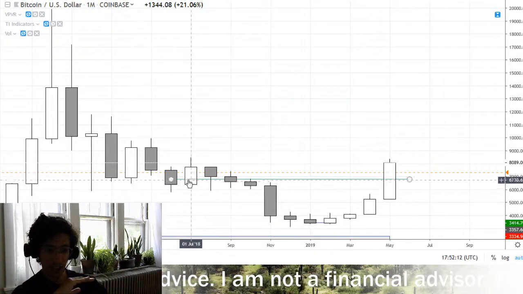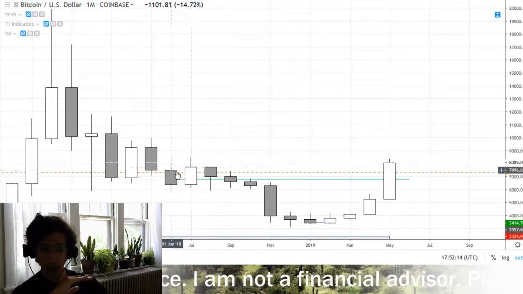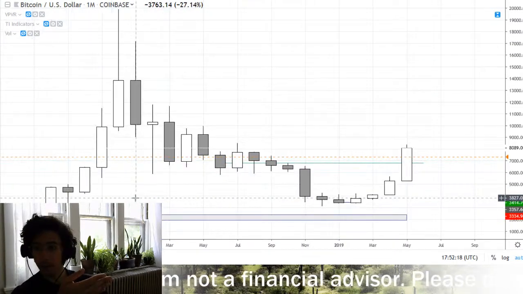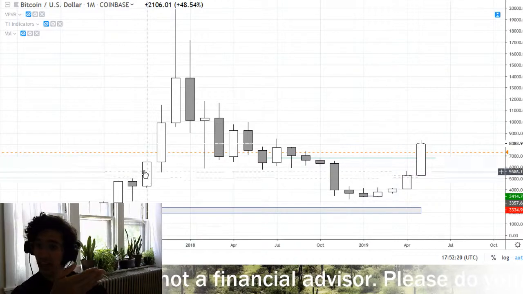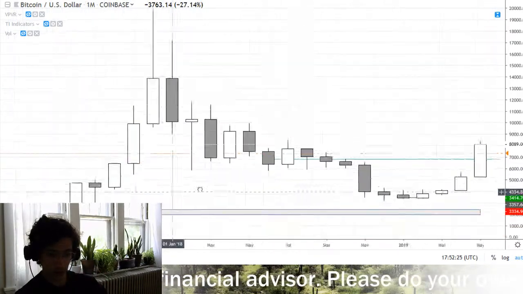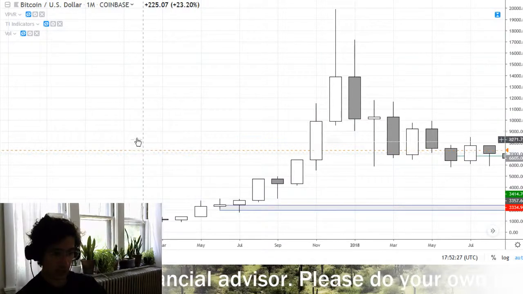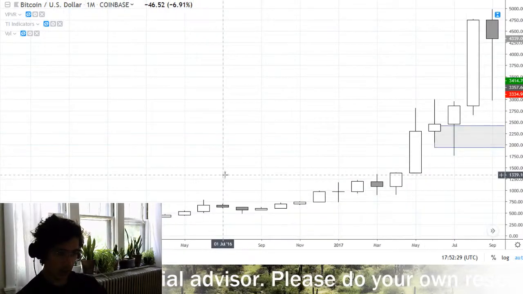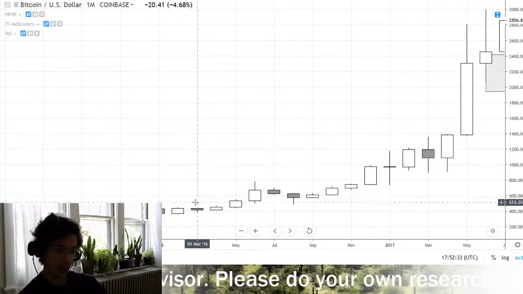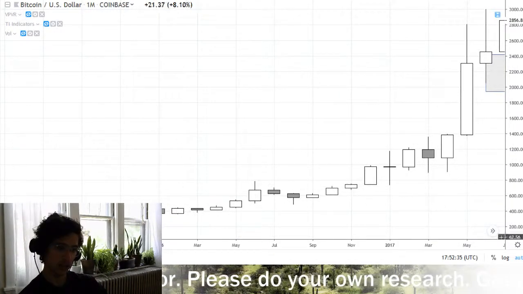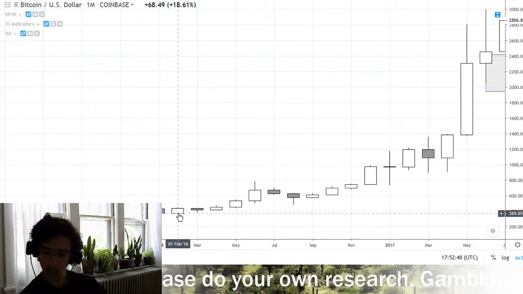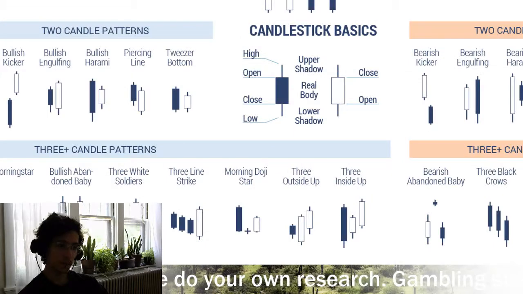Or if you're looking here, it closed higher than where the previous month closed. Or if you're going even farther back into the charts, go back as far as you want. This, again, bullish. This, bullish. This not closing lower than this, still bullish.